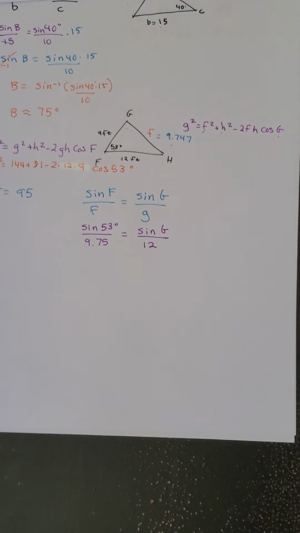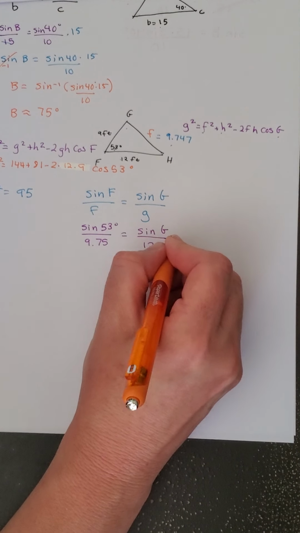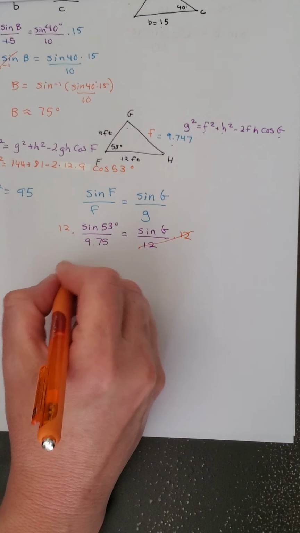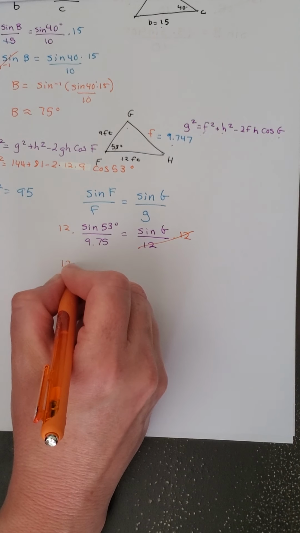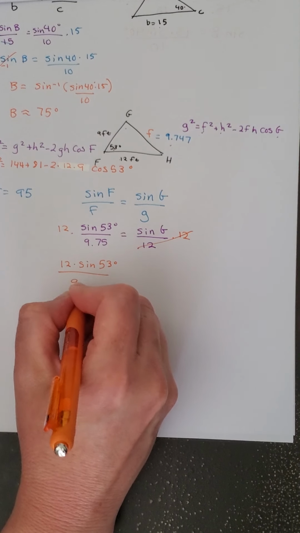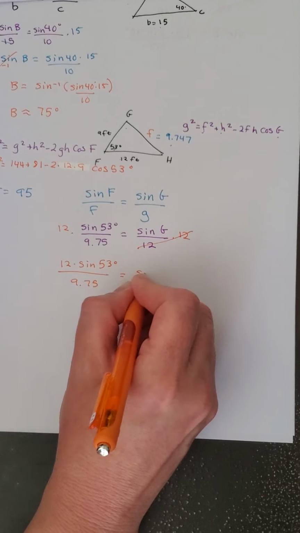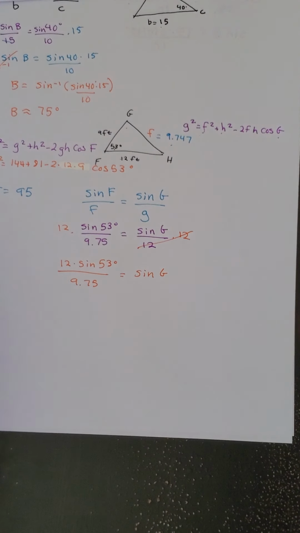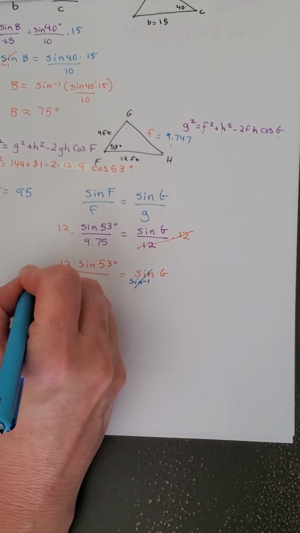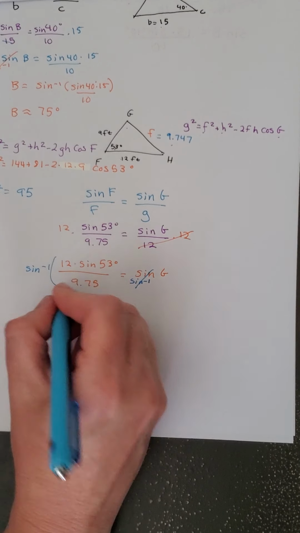Think about how we would isolate g here. I'd multiply by 12, and then sine inverse both sides. So I have 12 times sine 53 over 9.75 equals sine g, and to get rid of sine, I'd sine inverse whatever this is.